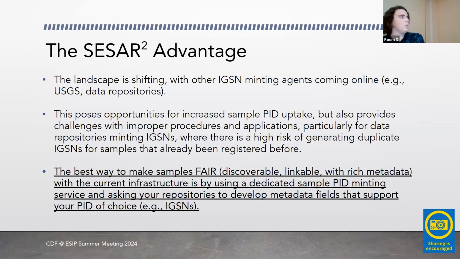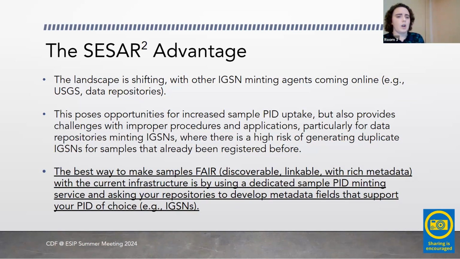This poses opportunities for increased sample PID uptake by the community, but it also provides challenges related to improper procedures and applications, particularly in the case of data repositories minting IGSNs, where there's a higher risk of generating duplicate IGSNs for samples that have already been registered before. We can talk more about that in the breakouts if people are interested.